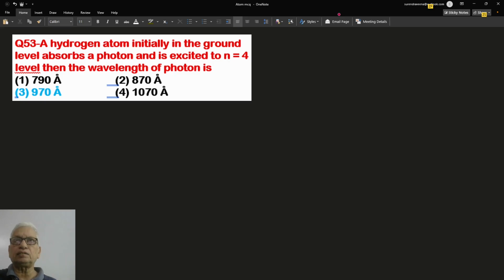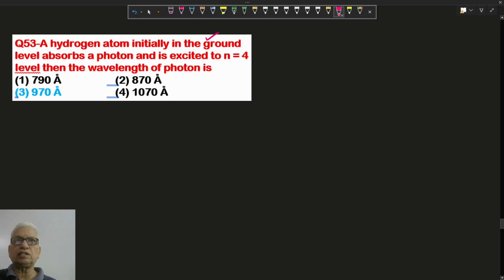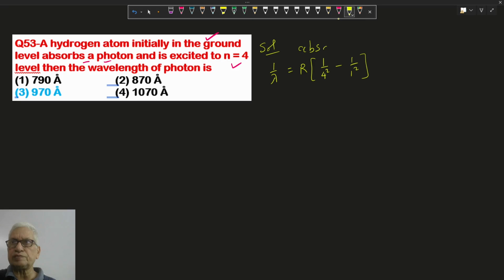Here, a hydrogen atom initially in the ground state absorbs a photon and is excited to the 4 level. You have to find the wavelength. 1 upon lambda is R times 1 upon 4 square minus 1 upon 1 square, because it is absorbing energy.